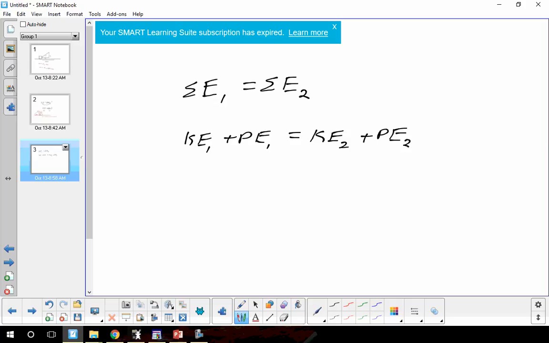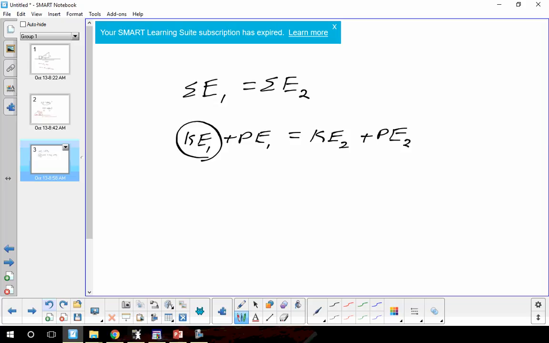So let's say we have a scenario just like that ball that was being pressed up against the spring. In that case, the potential energy would be an elastic potential energy. So in position 1, its kinetic energy was 0 because the ball wasn't moving yet, and neither is the spring.